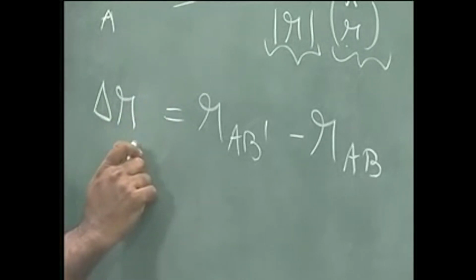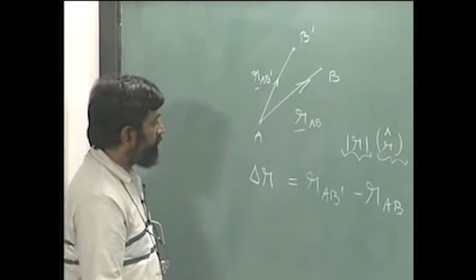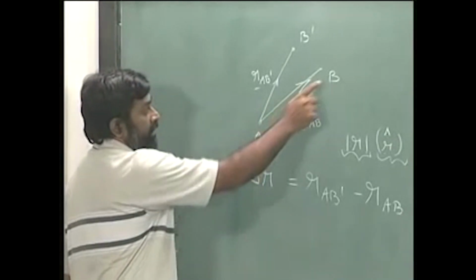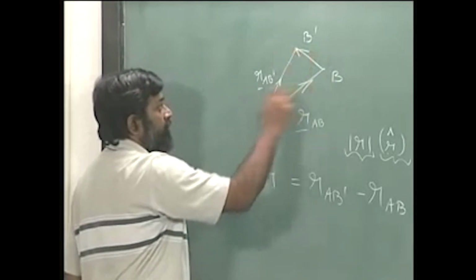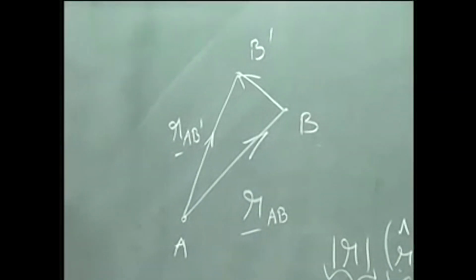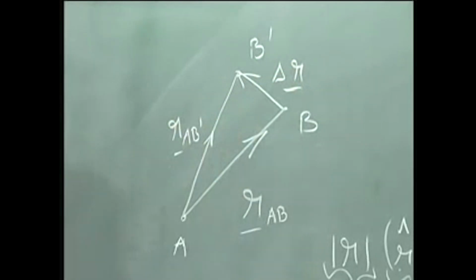So, what would be delta r here? Naturally RAB plus a vector like this will give me RAB prime, and therefore, this should be delta r. So far it is okay, no problem.